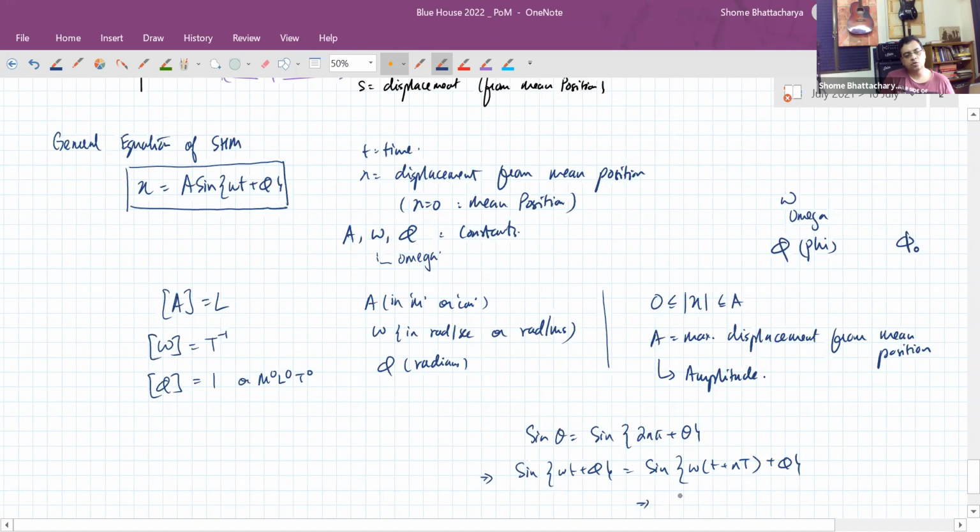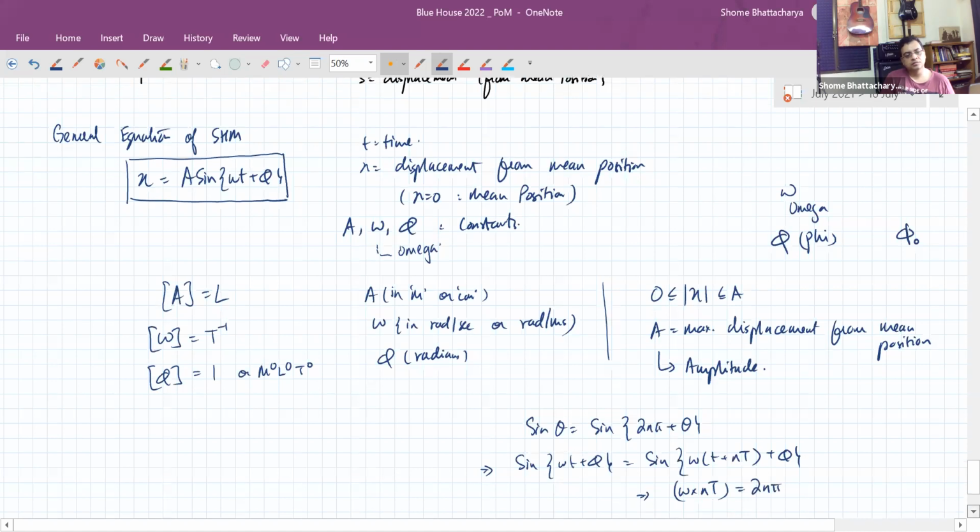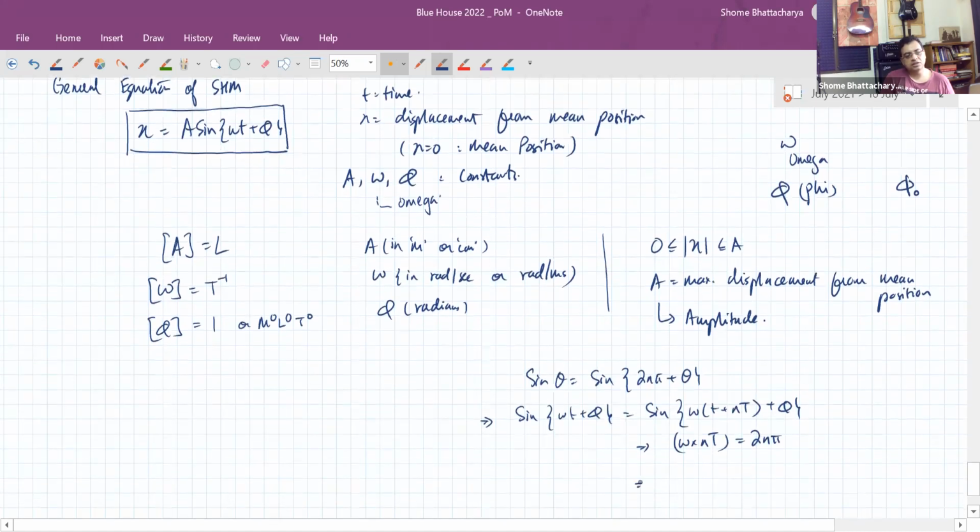So you can see that omega into n times time period is actually 2n pi. So that means the time period is 2 pi by omega, or frequency of oscillation is omega by 2 pi.